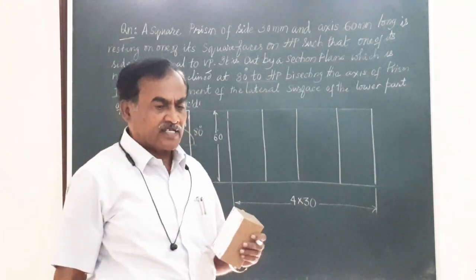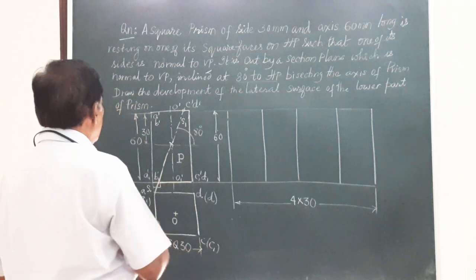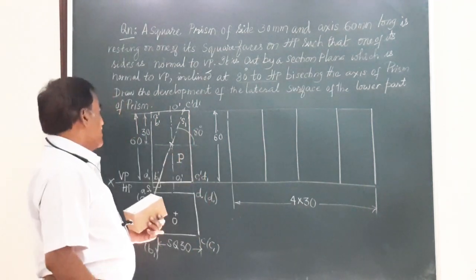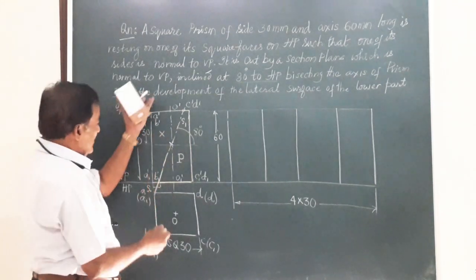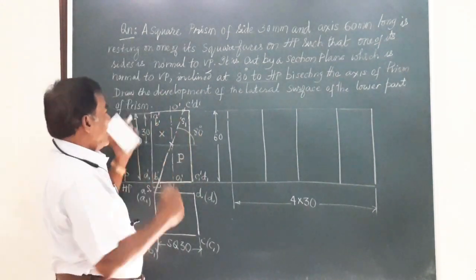So one thing you can see here, after the section plane bisects this solid, the upper part is being thrown out. I am going to throw away this upper part and retain this bottom part.